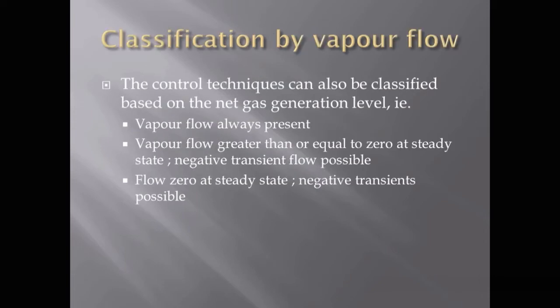Controls can be classified under a different head, which is based upon the vapor flow. The first one is vapor flow is always present. Number two, vapor flow is always greater than zero, but in transient conditions it may go negative. The third in this category is the flow zero steady state, but it will go negative in transient conditions.